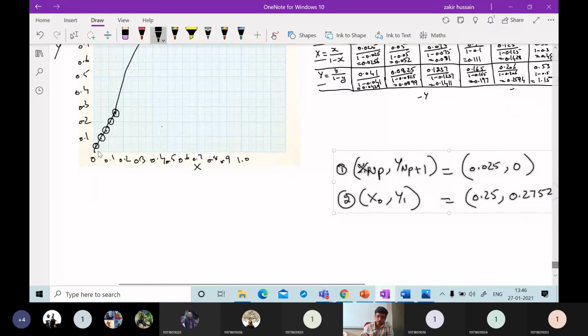One is 0.025 and 0. This 0.02 will be coming here.